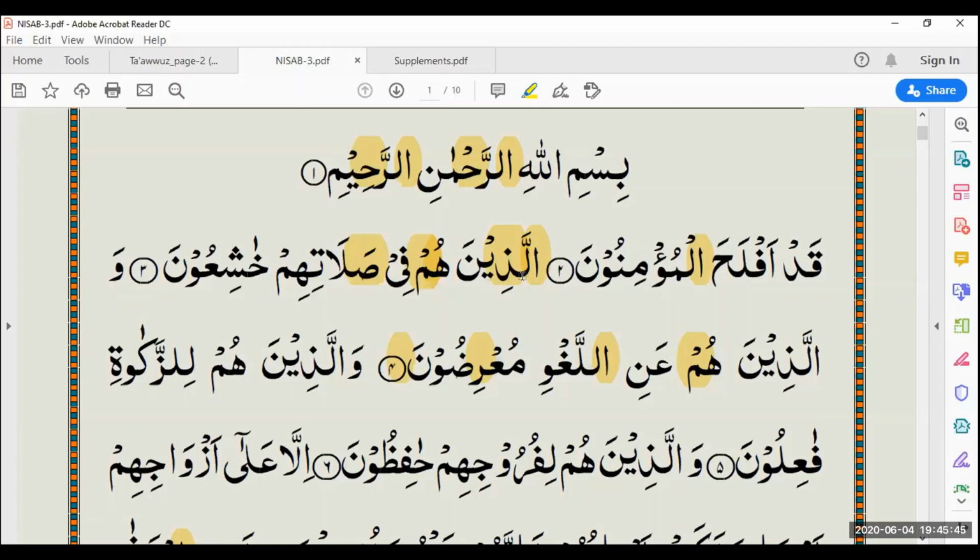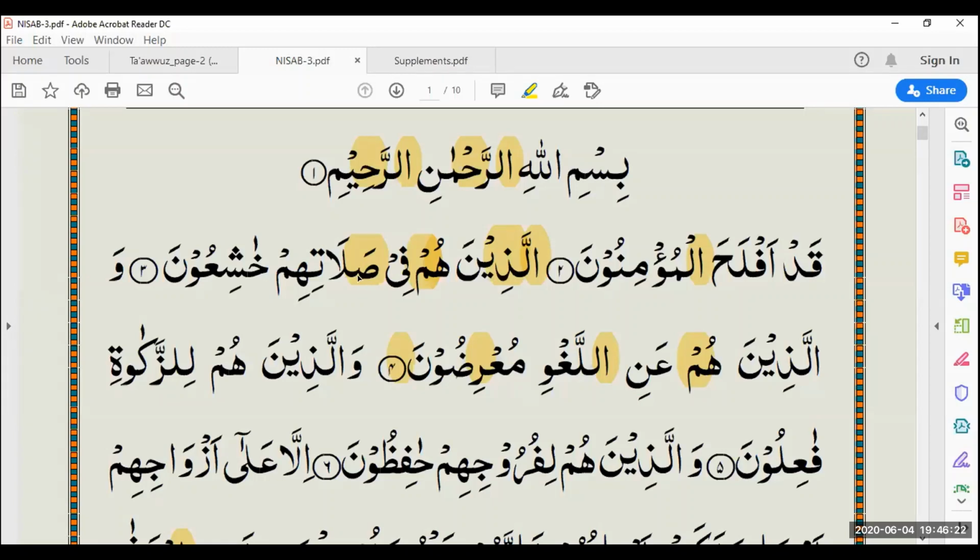Not quite correct. So we just learned that if we have lam sakin, as you can see here in al-mu'minun, or we have shadda on lam, okay, whenever we have lam after the alif would always carry a fatha. Yeah, that's one of the rules that we've just learned. Okay. Okay. Yeah. So yes, that's it. So if we have lam, then we always have fatha on the alif, the blank alif. Okay. So I joined in late, so maybe I missed it. Jazakallah for telling me. No worries.